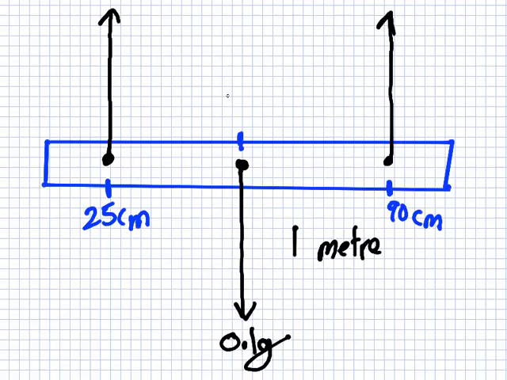What number would that be at? 50 centimeters. You understand? It's in the middle. So draw this if you didn't draw it. No, but why 50? Because the center of gravity is the weight. This is 1 meter. The center of gravity is in the middle. It should be 50 centimeters. Okay.